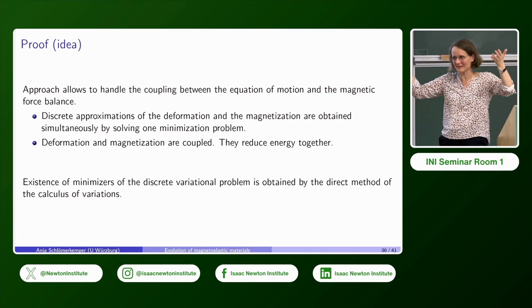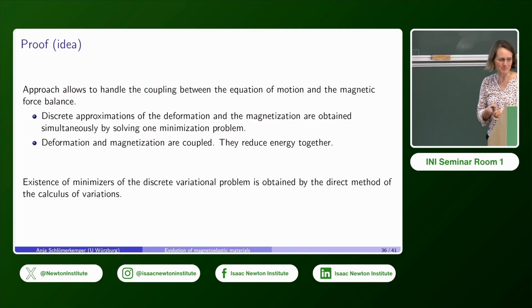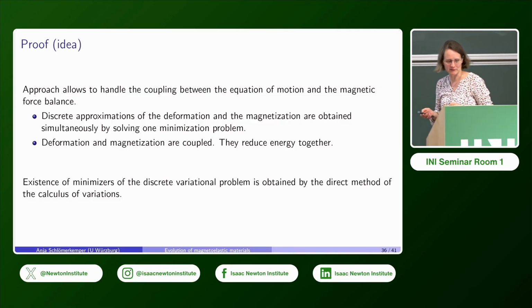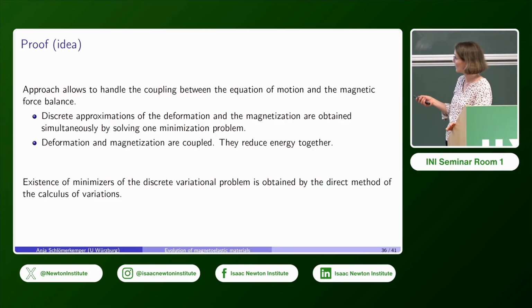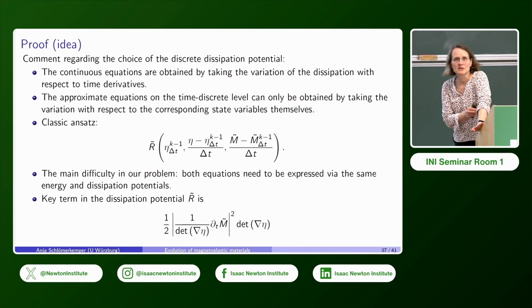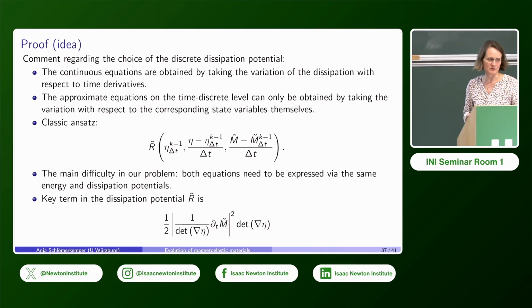Like minimizing the energy by changing eta and the magnetization at the same time. And then the existence of the minimizers of the discrete variation problem is just using the direct method of the calculus of variations. Let me comment on the choice of the discrete dissipation potential.